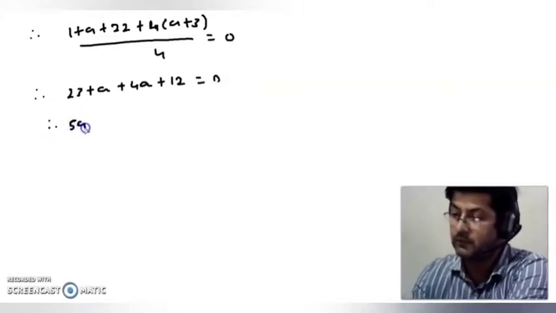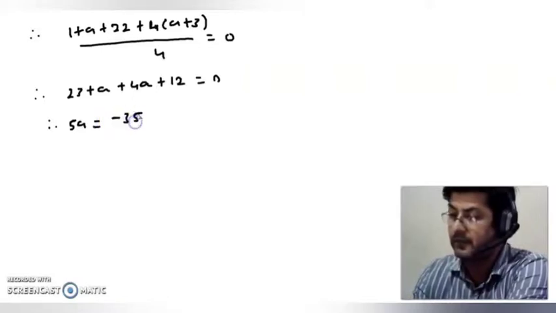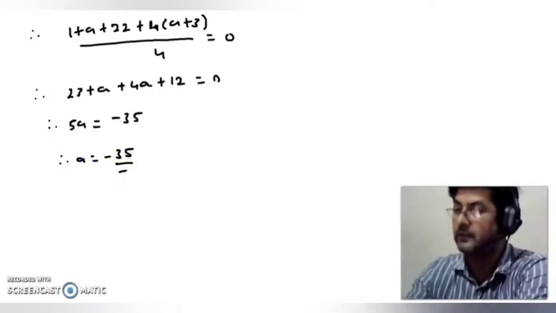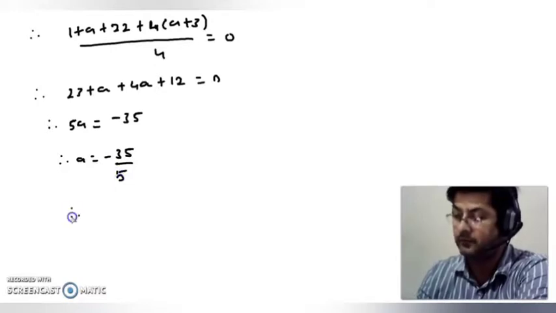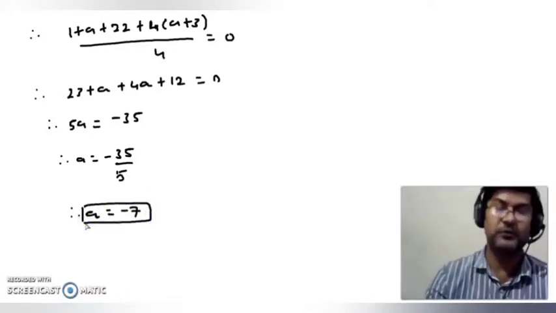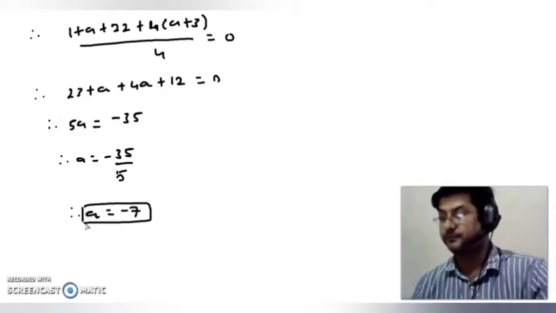Therefore, 5a is equal to 30 minus 35 and therefore a is equal to minus 35 by 5, and therefore the value of a is minus 7. Okay, so here we have completed question number 3. Now let us solve the fourth question.